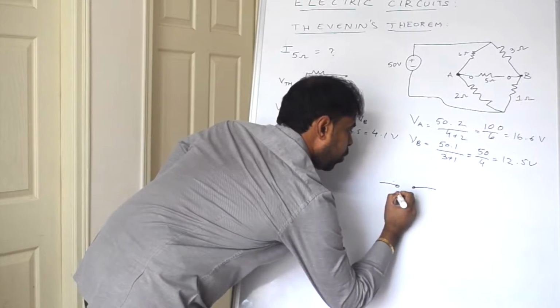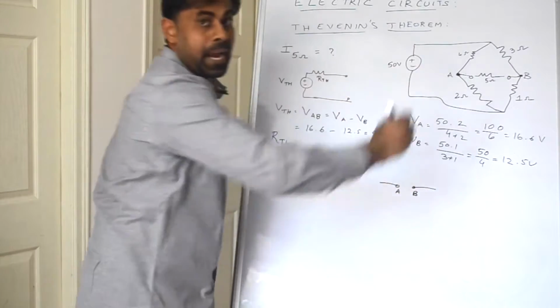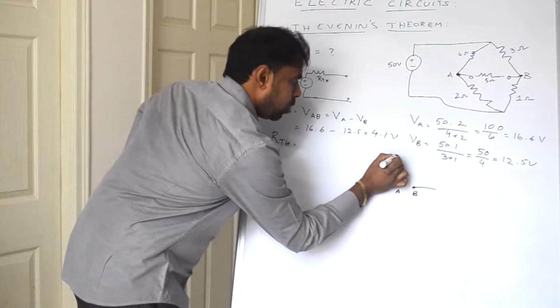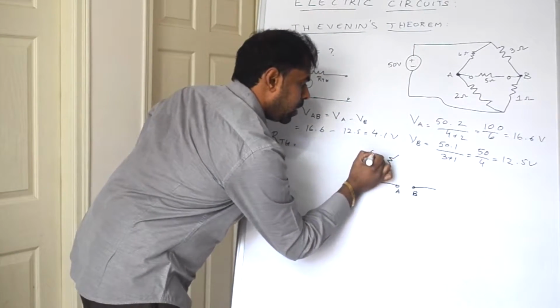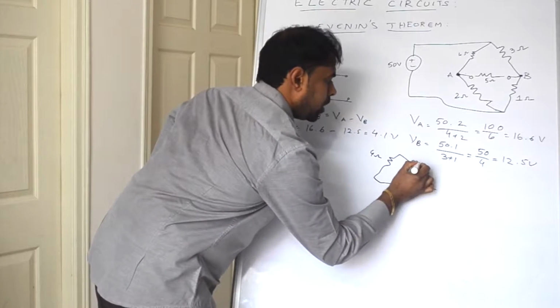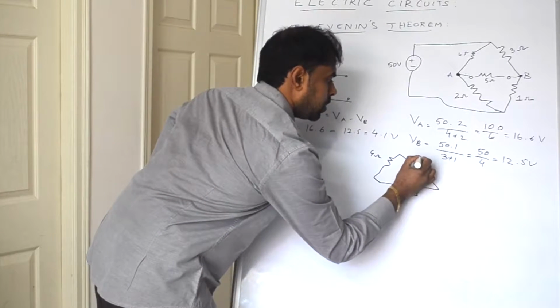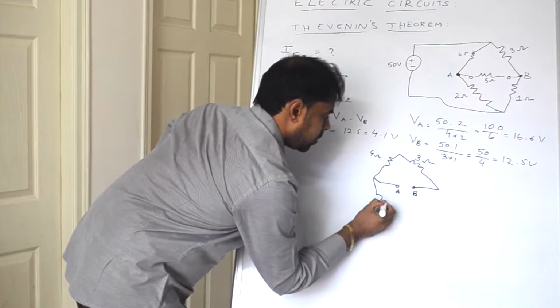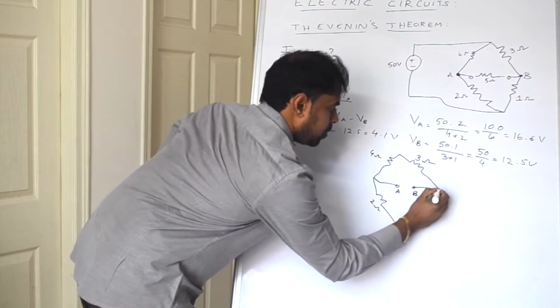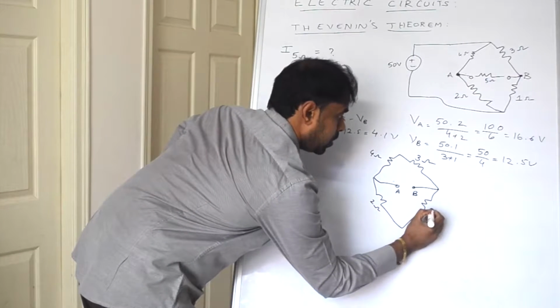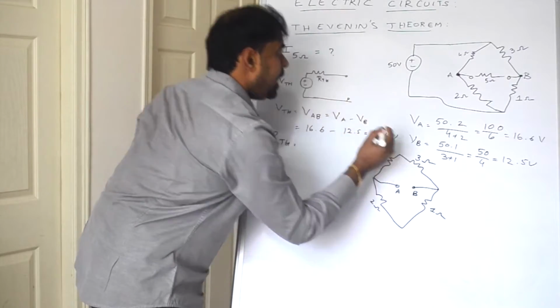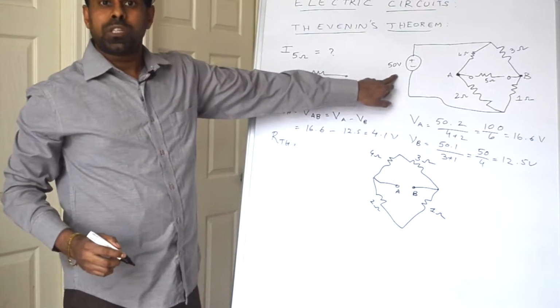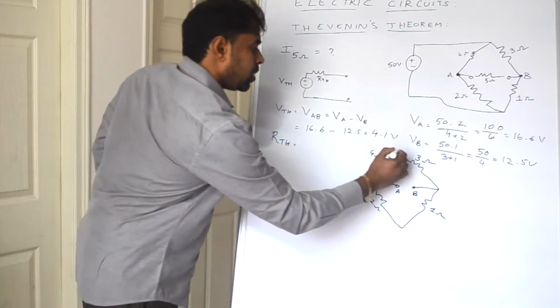There are 2 open circuit terminals, A and B, and we won't disturb the resistances at all. And this voltage source we will replace with a short circuit.